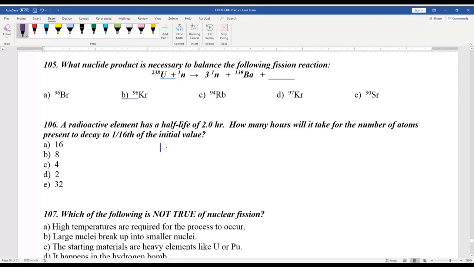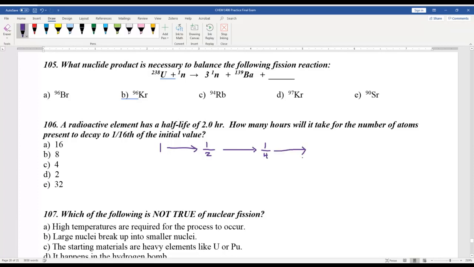Let's say I start with the whole amount, which I'll represent as 1. After 1 half-life, half remains, right? After a second half-life, I take half of that. So how much remains after a second half-life? Yeah, 0.25 or 1/4, right?